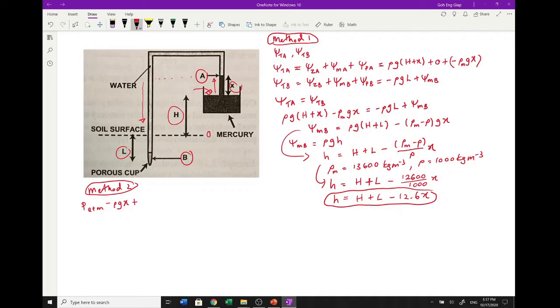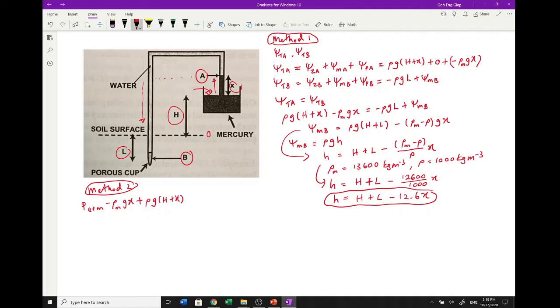So we have a height of x plus h. Sorry, I forgot to write it down for mercury, so it's rho mercury g x. And now coming down, it's positive: rho for water, g gravity, and h plus x.